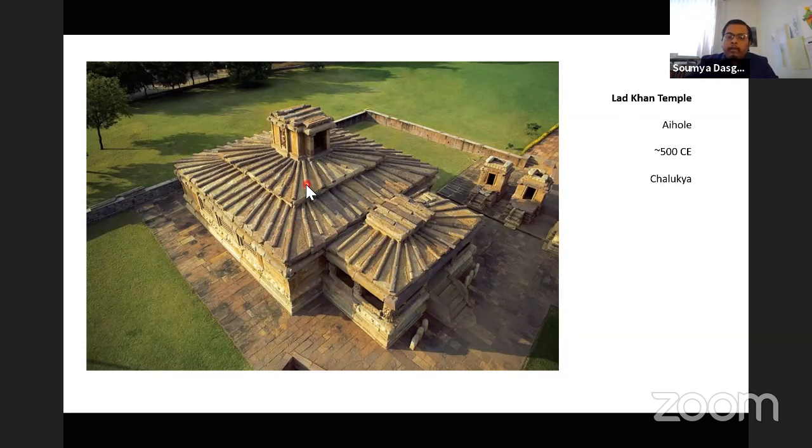But you can again see that the basic concept of having one shape and a smaller iteration of that shape on top of it, and then a smaller iteration of that shape on top of it, exists. The concept of having a hierarchy, a rise, something at the top which is a part of the bottom, and something in the middle which is part of the bottommost, remains in all of the temples here.